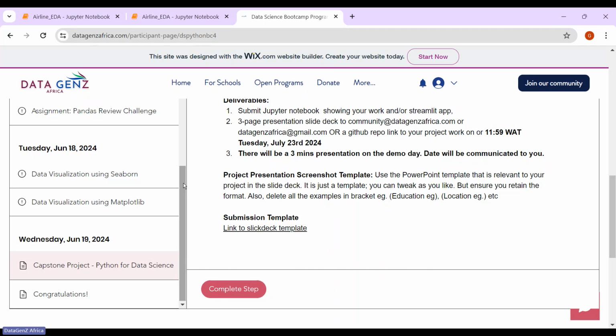I didn't touch on data visualization because of our time, but in the course of showing you the project, I'll be sharing some parts on data visualization, because it's also very, very important in the Python for data science package. So we have the Seaborn package, Matplotlib package, and Plotly package.